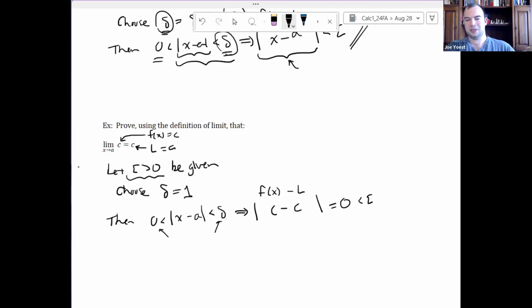It just has to be strictly positive. Then 0 less than absolute x minus a less than delta implies absolute f of x minus L, which is just equal to absolute c minus c, is just equal to 0 all the time. And that's less than epsilon because epsilon has to be strictly positive. So we've proven another one of our limit properties, that the limit of a constant function is that constant value.